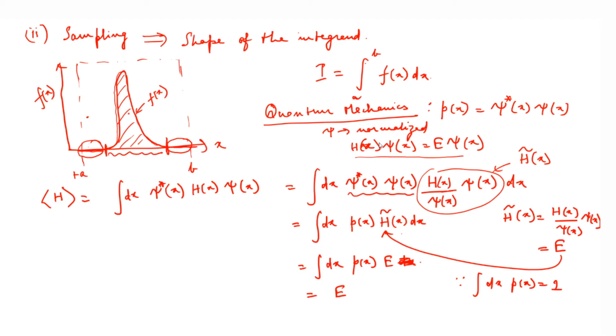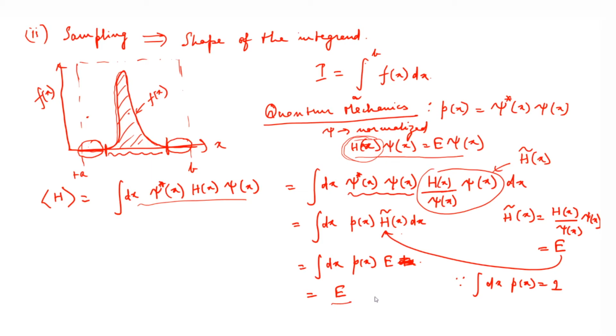So, what it has done is converted a highly non-homogeneous type of function into a constant. The integrand is quite non-homogeneous here, as you can see, and it has become a constant one.